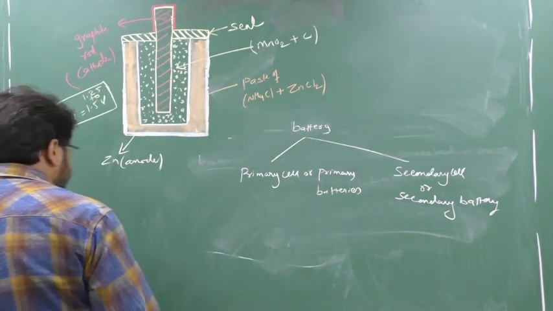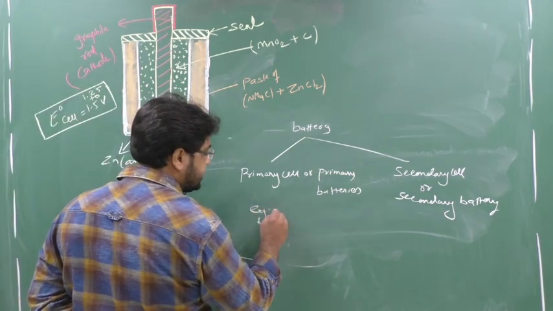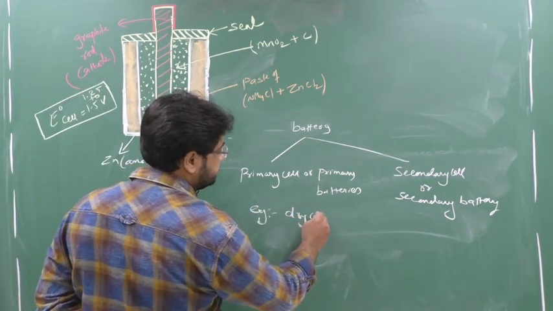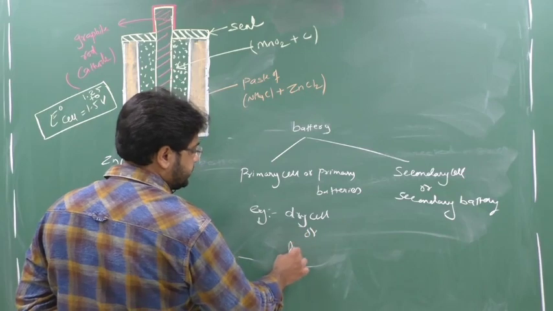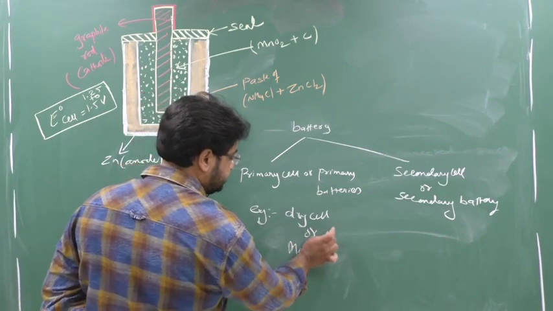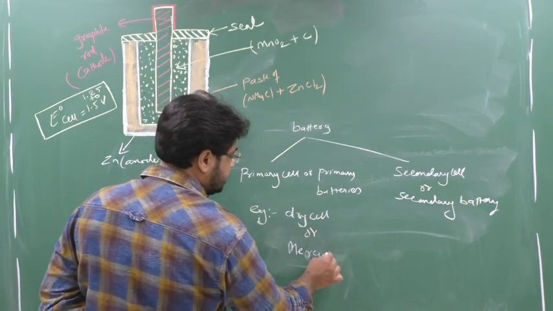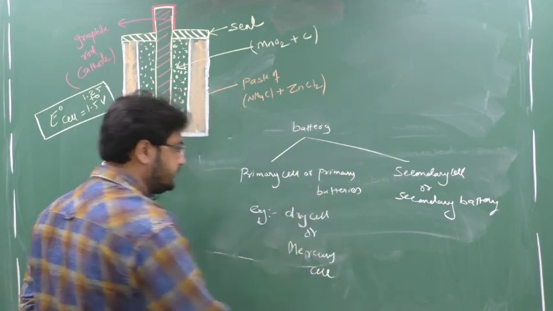Then you can write down the example as dry cell or mercury cell.